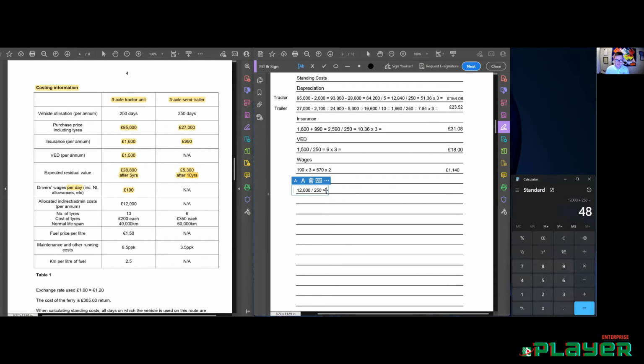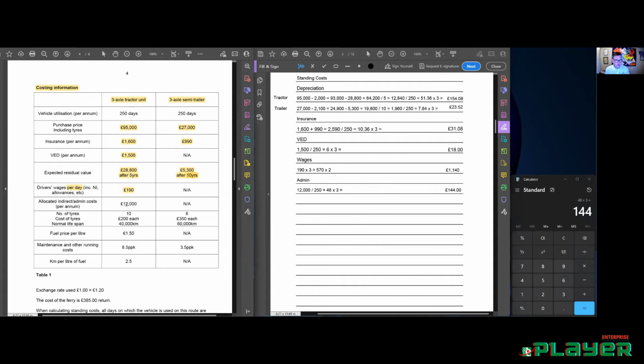So that's £48 a day in just admin it costs you. And I need to times that by 3 also because it's a 3-day trip, which gives me a total of £144. £144. Excellent.